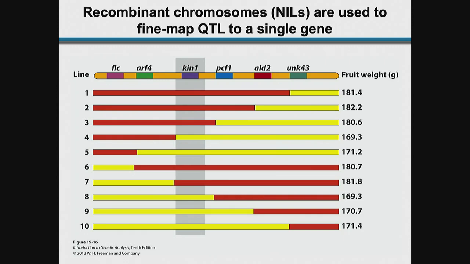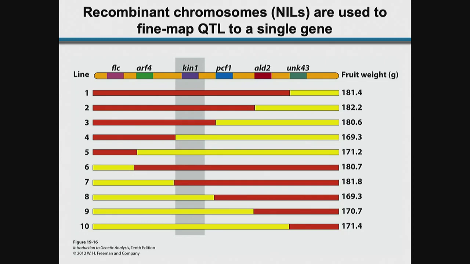All right. So this is an example where you have, again, 2 tomato strains that differ in fruit weight. In this case, the example is the large red Beefmaster strain, marked in red, and the small yellow Sun Gold strain, marked in yellow, okay?